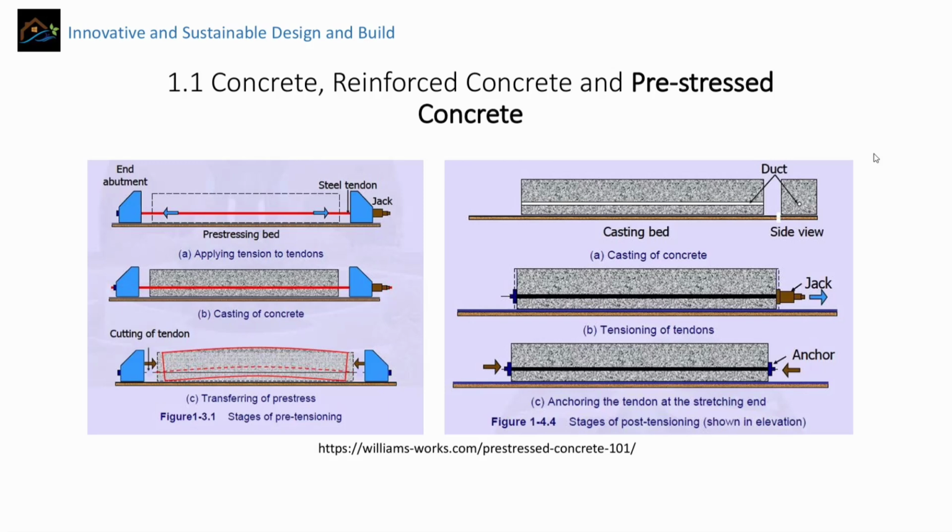For example, if there is a bridge, we can use these connections to connect the slabs or beams with the columns and the piers of the concrete bridge example.